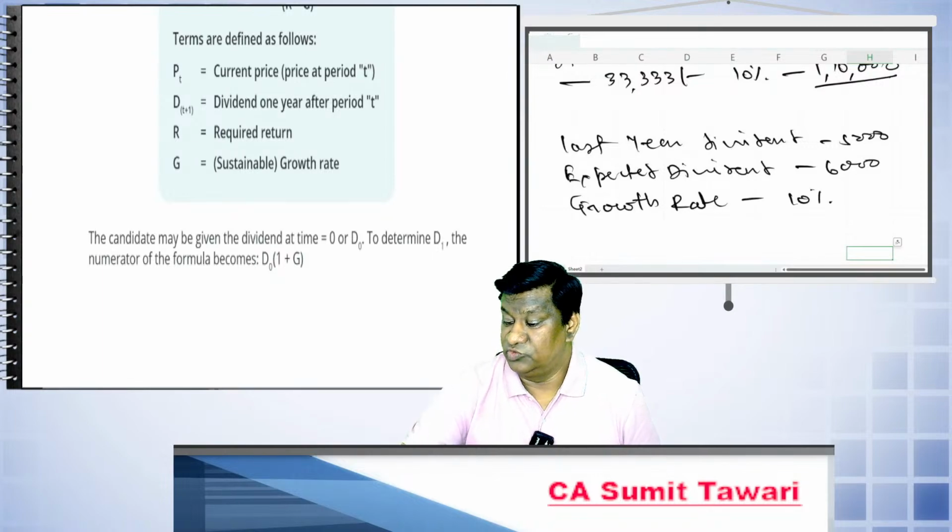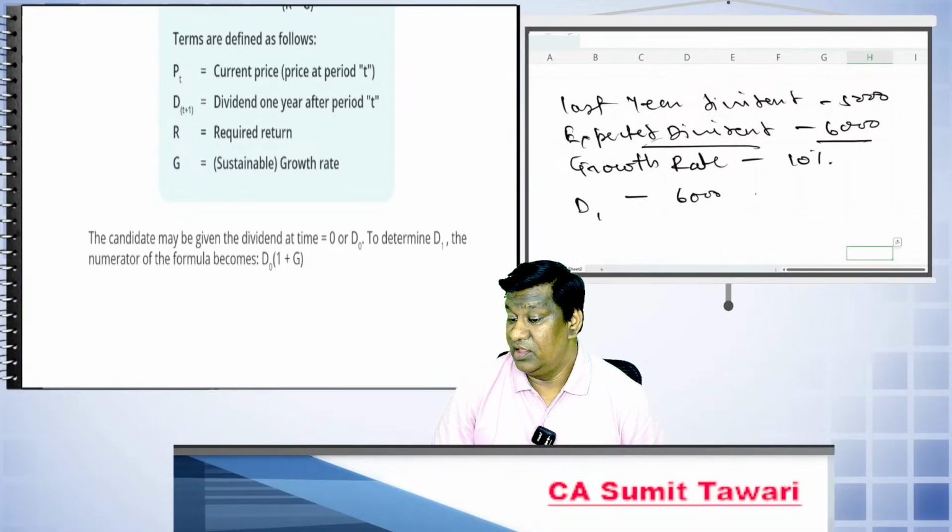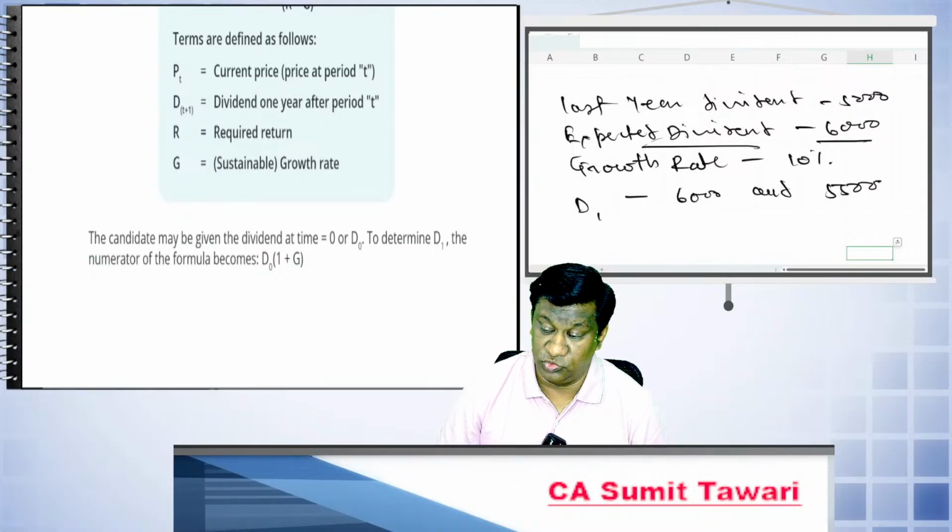Okay. So what is the D1 here? If you see the calculation, expected dividend is 6,000, and if I calculate with the growth rate, then it is 5,500. Okay. So which amount you are going to use for the calculation? Any guess?